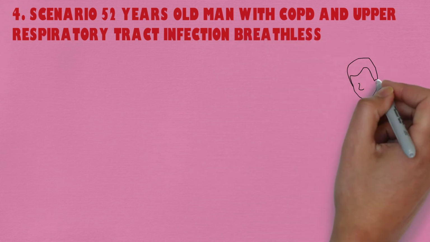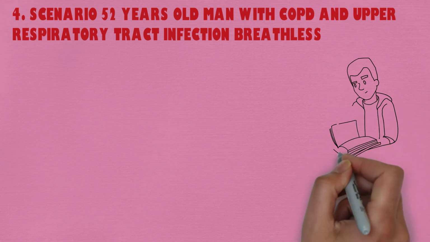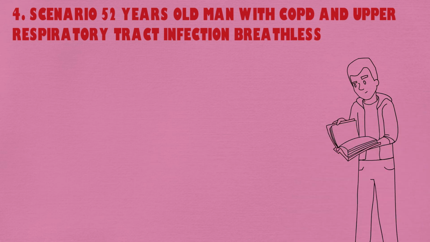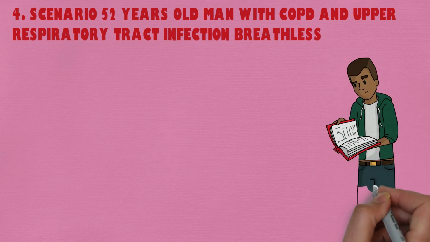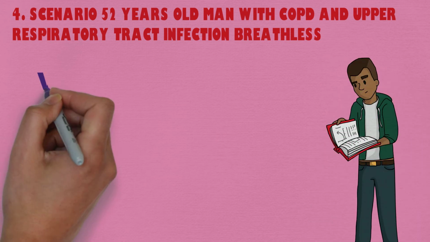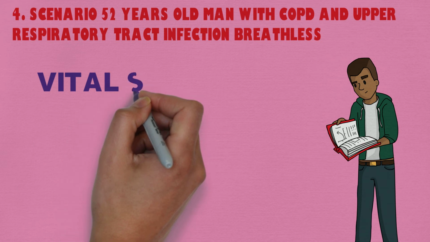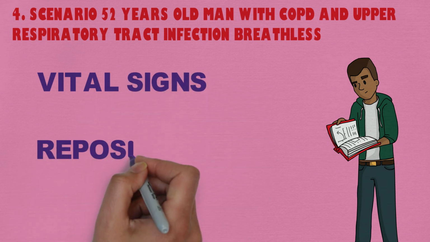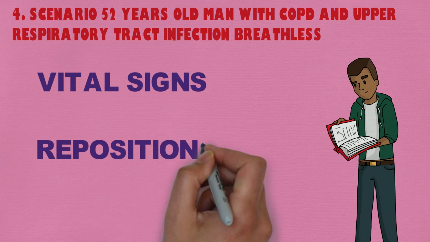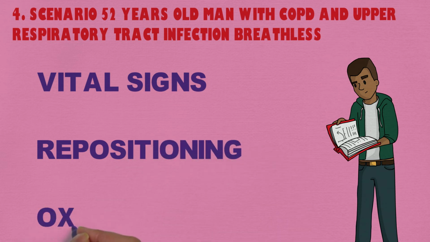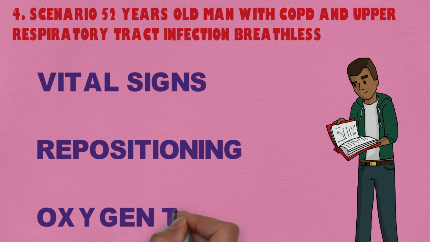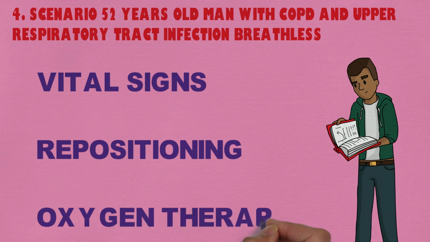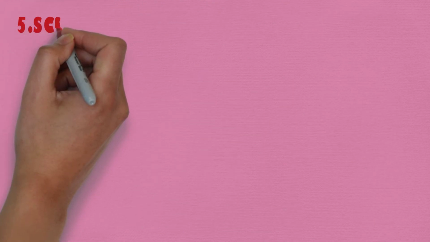In this scenario you have to check the vital signs of the person because that patient has a respiratory tract infection, and you have to do repositioning because if they have breathlessness, of course we have to reposition. We should give the Fowler's position or semi-sitting position for the patient, and the oxygen therapy. You should read about all these things. If you are learning these things, you can easily do that station.